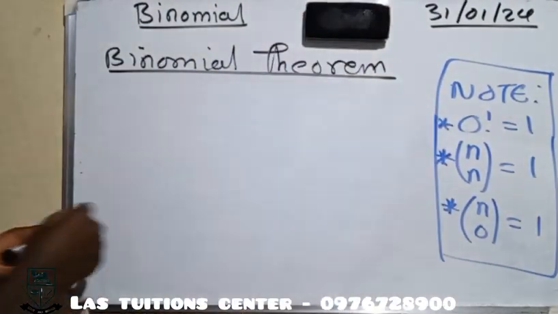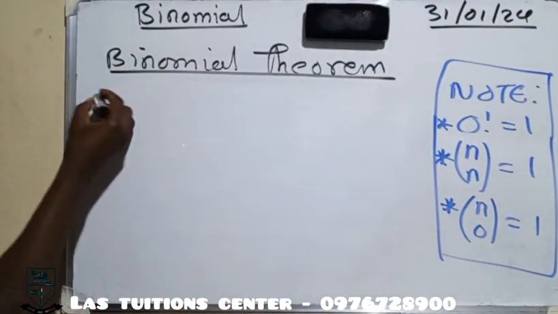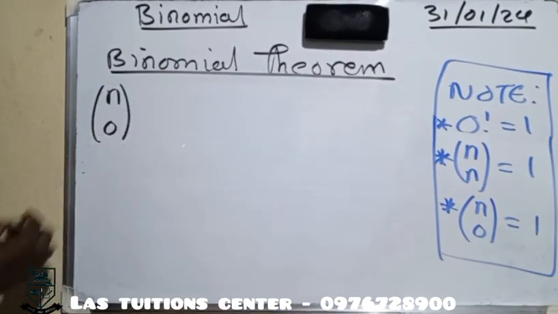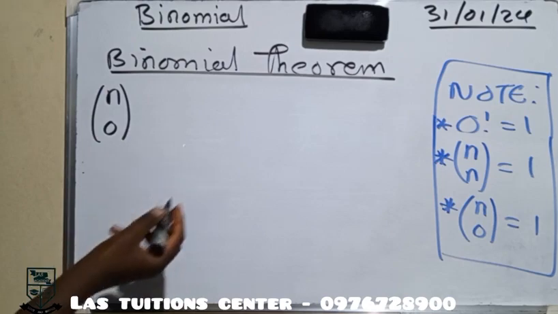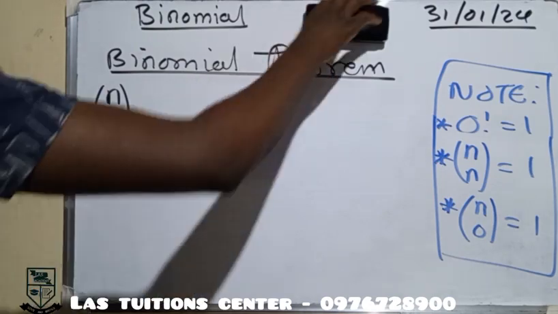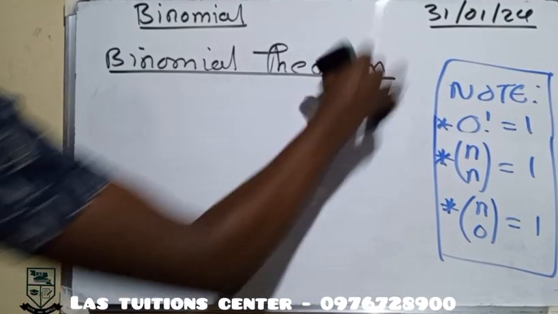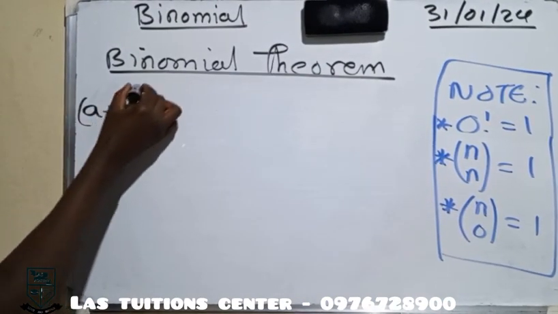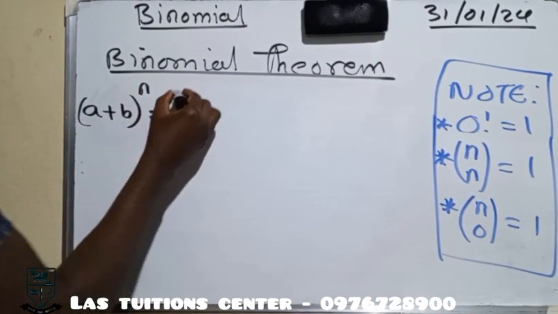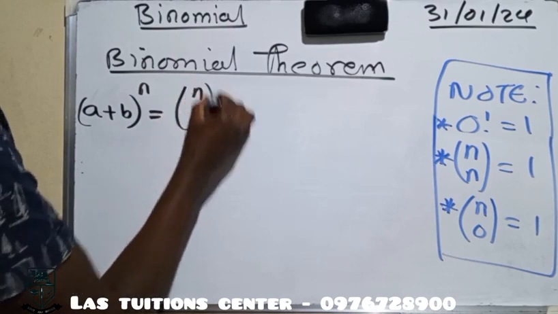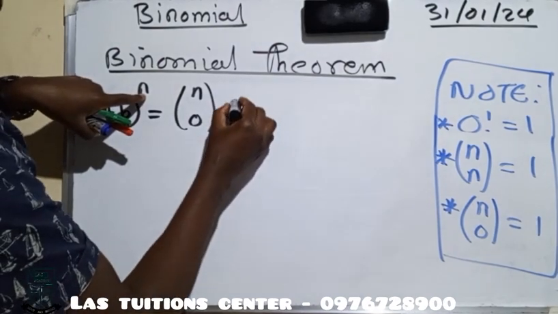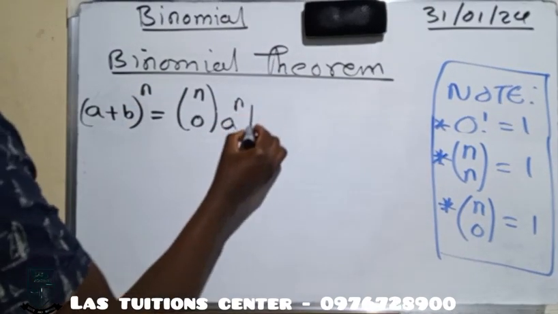In the binomial theorem, in the expansion of a plus b to the power n, it starts with n choose 0. Then a begins with the highest power, while b begins with a 0.